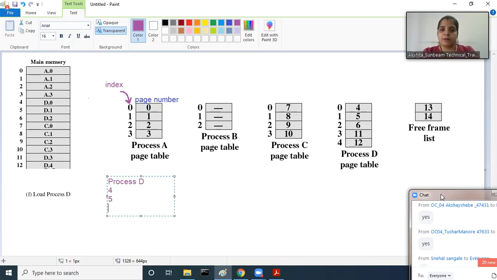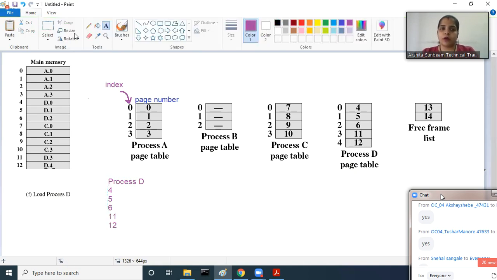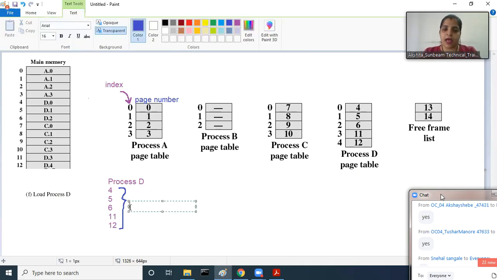My main memory pages are 4, 5, 6, 11, and 12. Am I talking about the actual memory pages over here? Yes. So I will call them physical addresses.